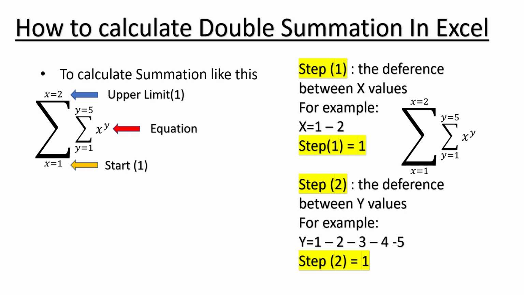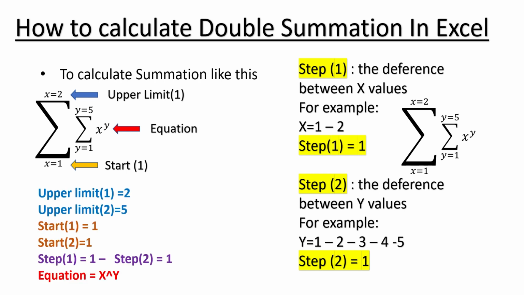Let's continue the definitions now. The upper limit for the second summation is upper limit 2. This is another definition, which is y equal x. And we have another start 2 for the second summation, y equal 1.